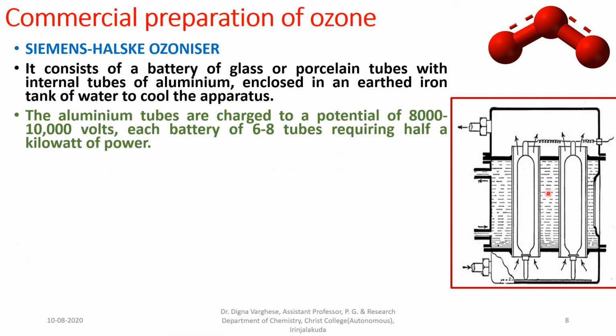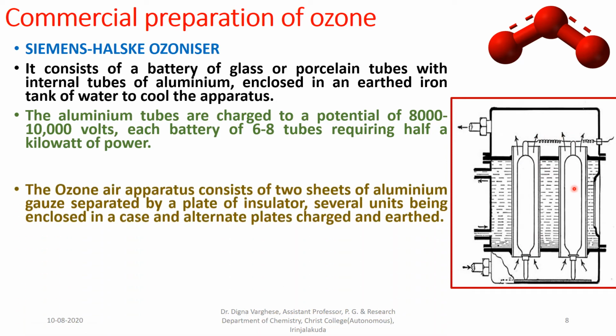The aluminium tubes are charged to a potential of about 8000 to 10,000 volts, and each battery of 6 to 8 tubes requires half a kilowatt of power.